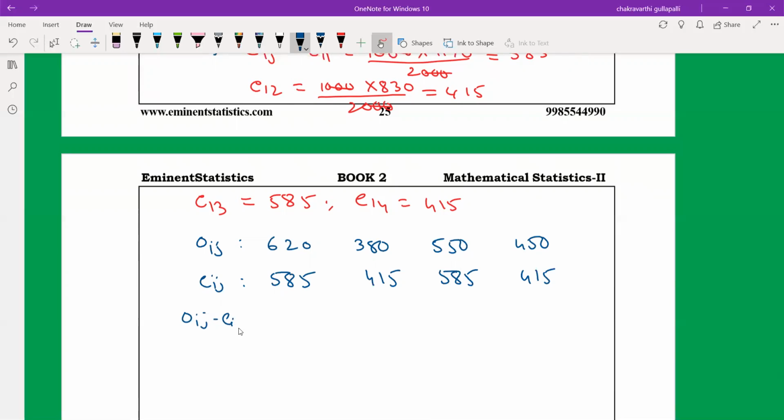Oij minus Eij: 620 minus 585 is 35, 380 minus 415 is minus 35, 550 minus 585 is minus 35, and 450 minus 415 is plus 35.